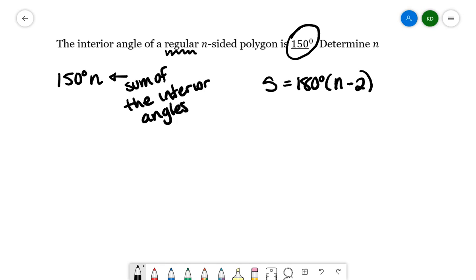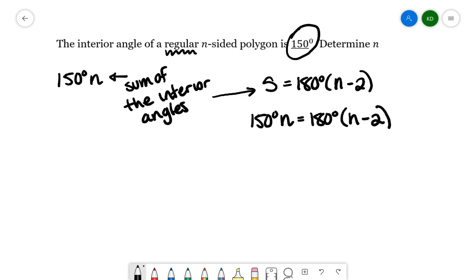We can then replace that with S, because we know that S is also the sum of all the interior angles. So here we're going to get 150 degrees times n equals 180 degrees times n minus 2.